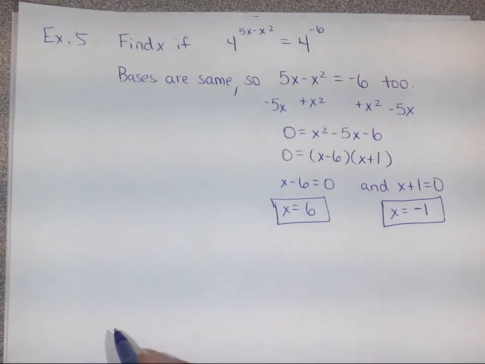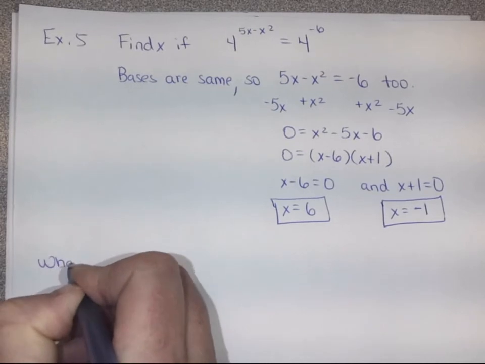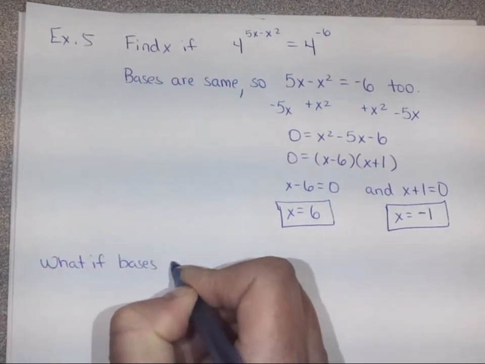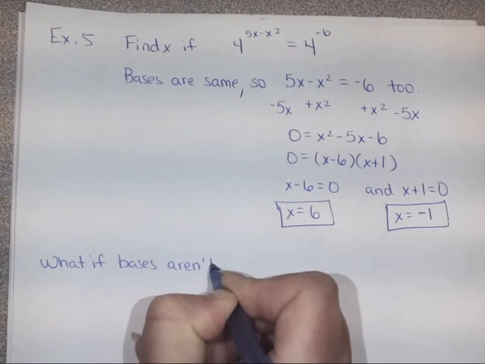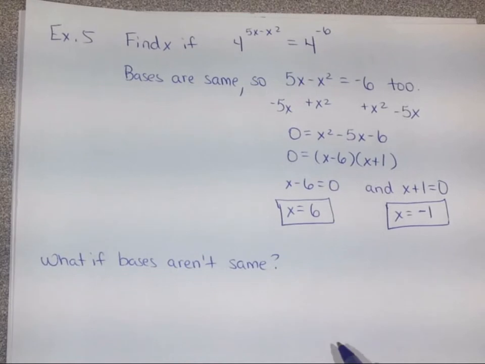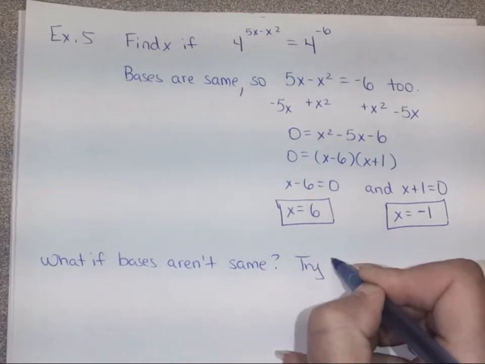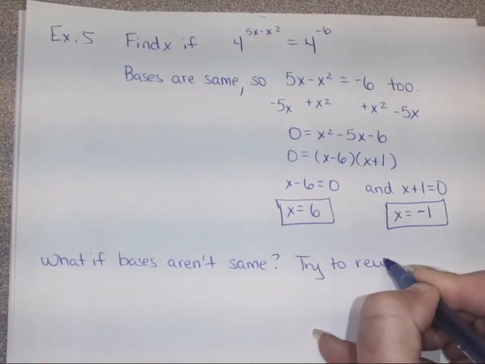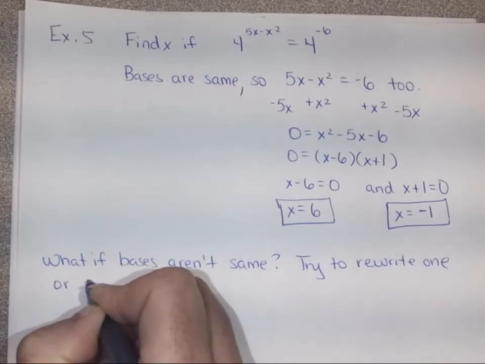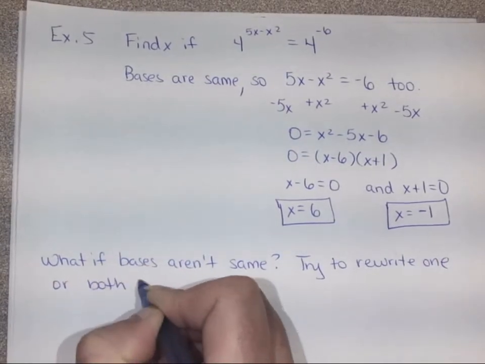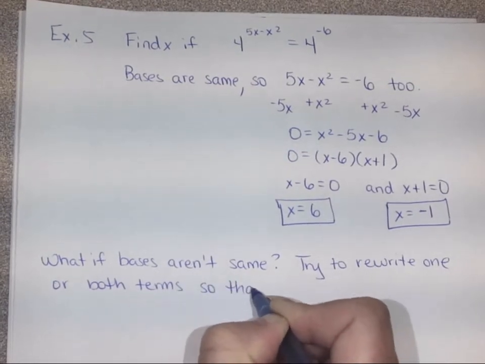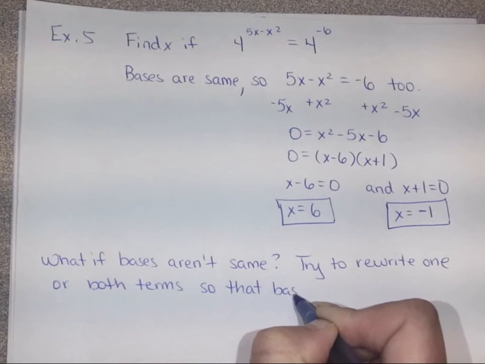Okay, but the question you might have thought already is, what if the bases aren't the same? We've been doing problems where it just so happens that both sides have the same base. So what we're going to try to do first is try to rewrite one or both terms so that the bases are the same.